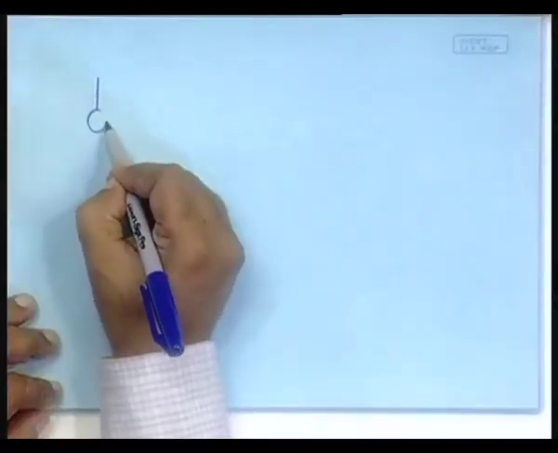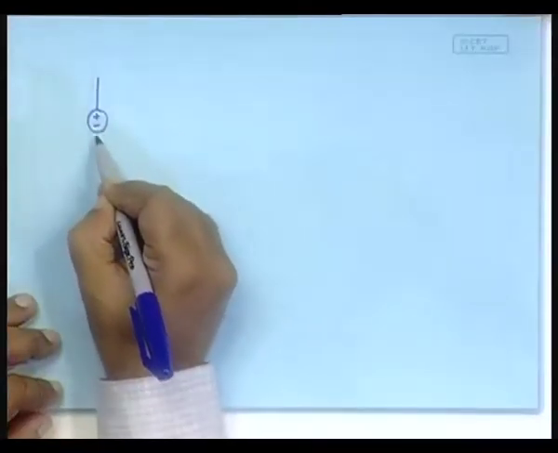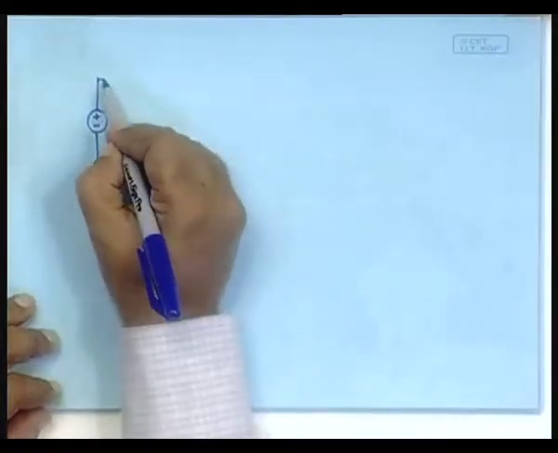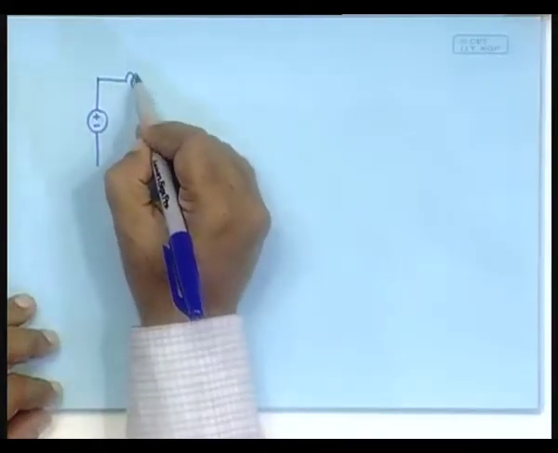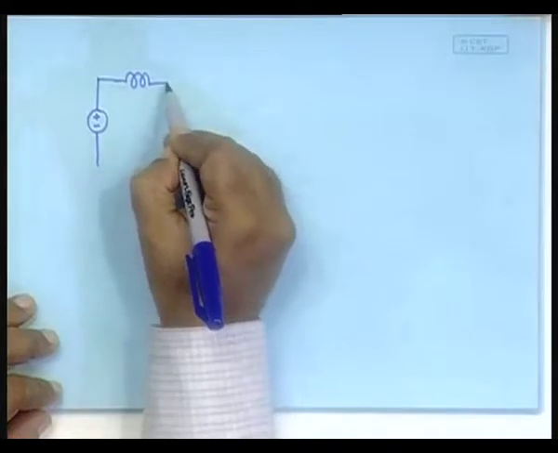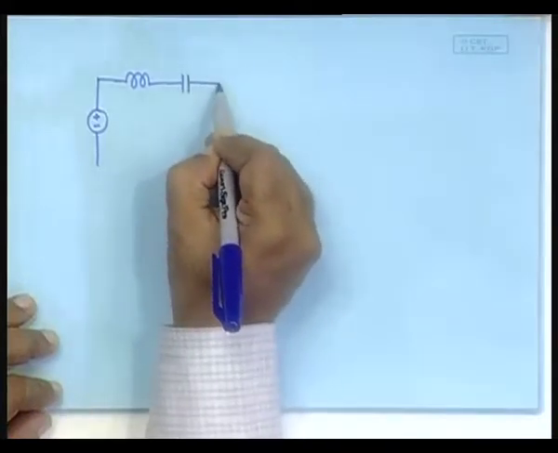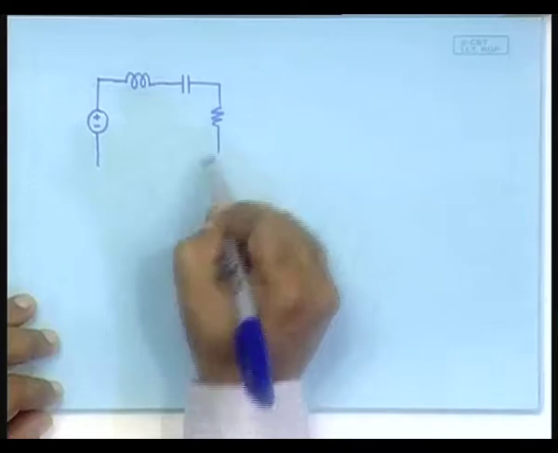Let us start with a very simple example where you have a source of effort connected to an inductor, a capacitor and a resistor.